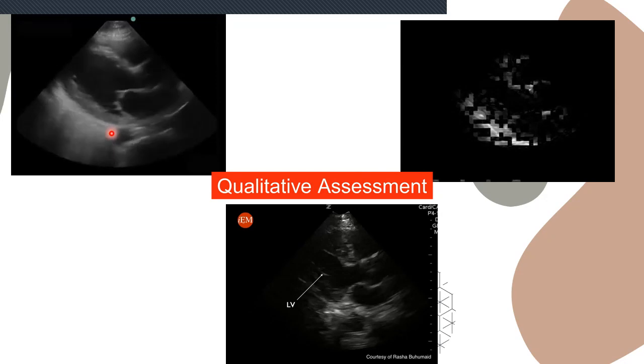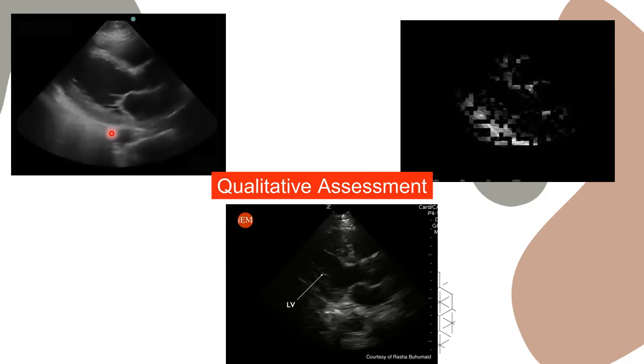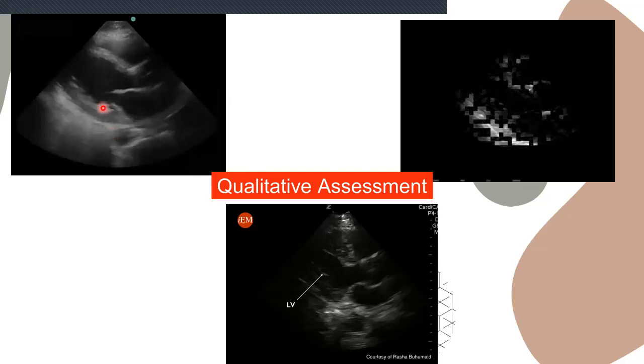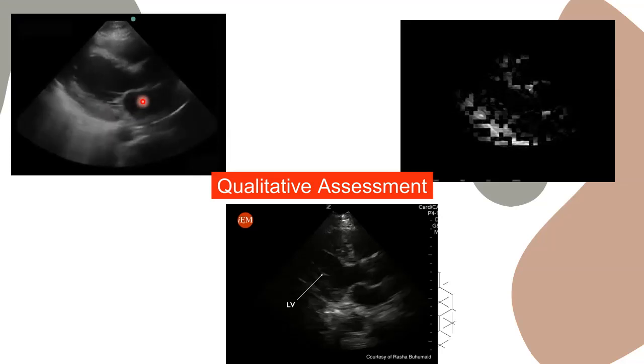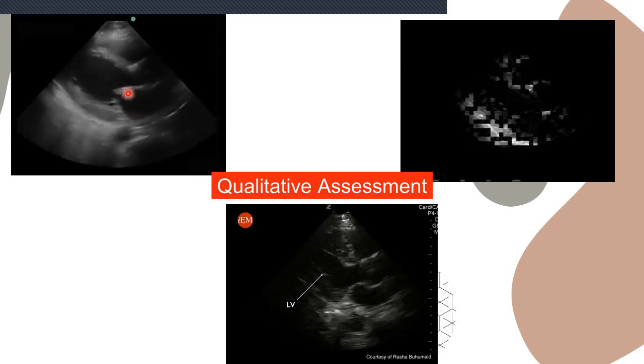In the first video here, what can you tell me about this heart? Anybody? Any ideas? Poor contractility. Why do we say poor contractility? Because of the LV wall, and you can see your anterior mitral leaflet is not even touching the septum.